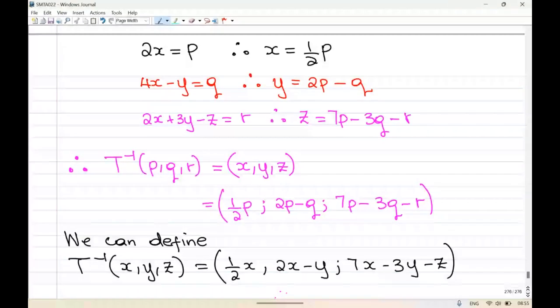We close the bracket. Then we are done. Any question? Any question?